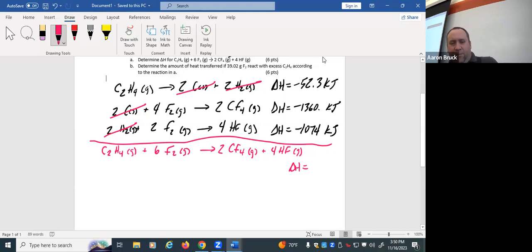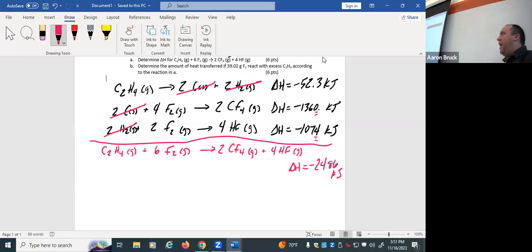From a sig fig standpoint, if we're adding, we always go off of the least precise measurement. Least precise measurement is known to the ones place. So even though this 0.3 got added in, it's not going to survive the rounding because it's more precise than our least precise. We get negative 2,486 kilojoules for delta H.